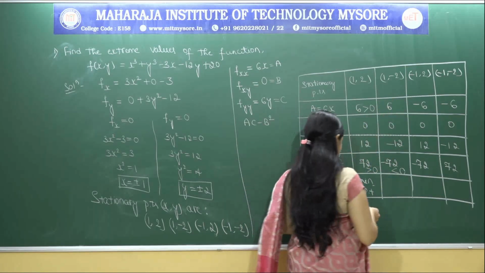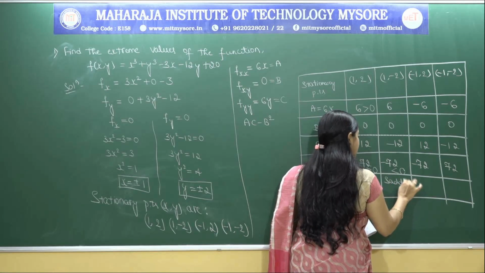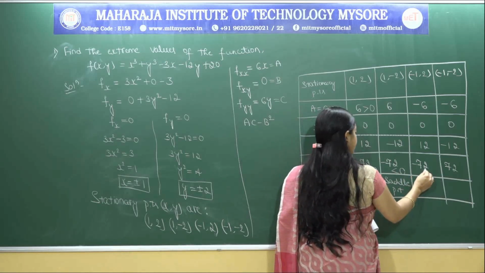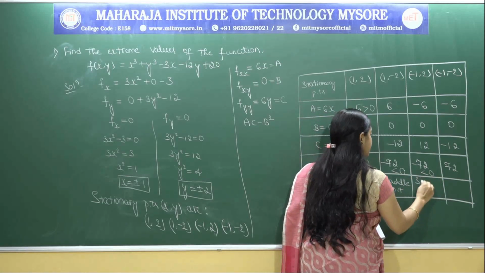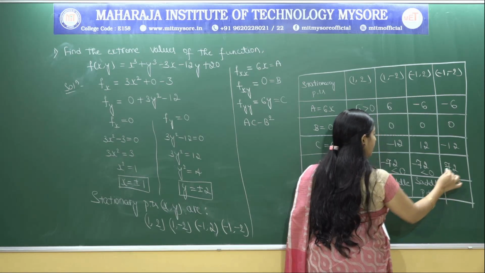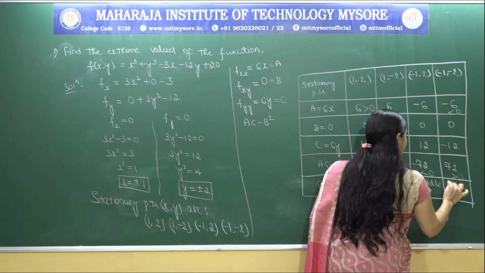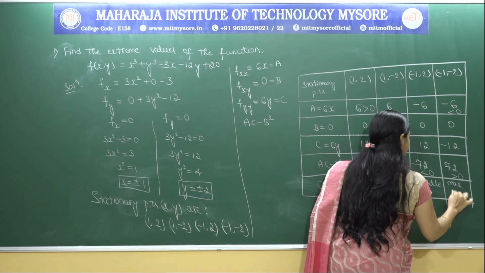That point is also called the saddle point. Similarly, the third one is less than 0, again it is the saddle point. The fourth one, it is greater than 0 and A is less than 0, then it is the maximum point.